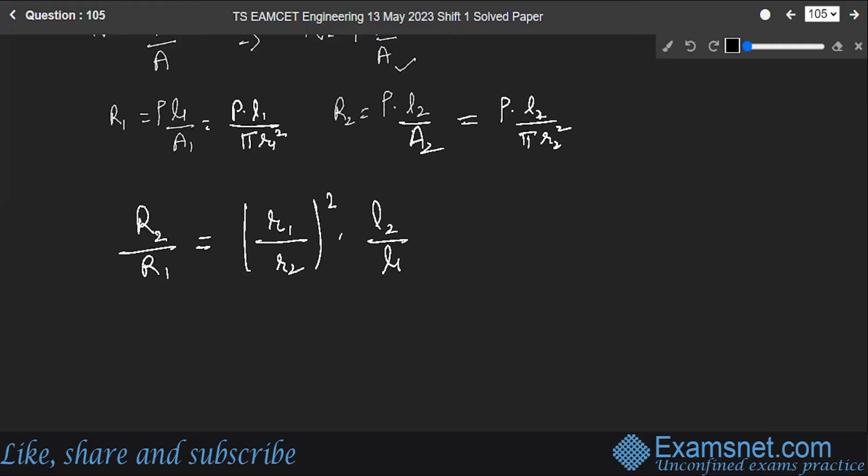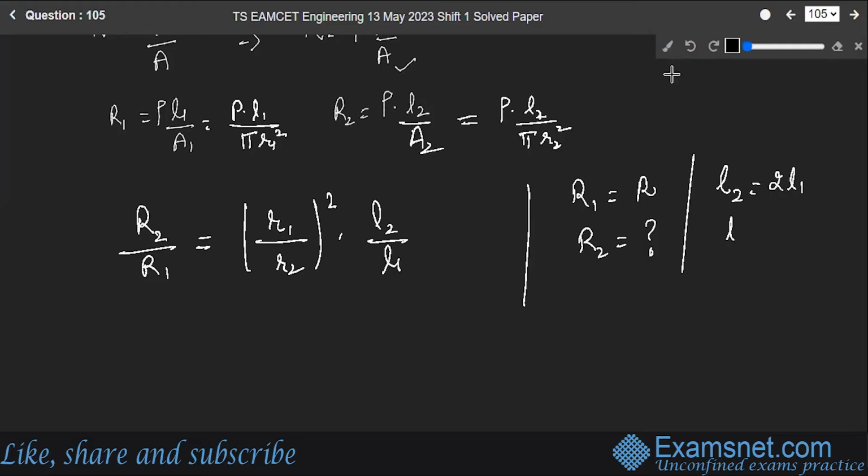Right, rho and rho will get cancelled. Now, in this question, R1 is equal to R and R2 is something I have to find out. Okay, one more thing, L2 is equal to twice of L1 and r2 is equal to twice of r1.